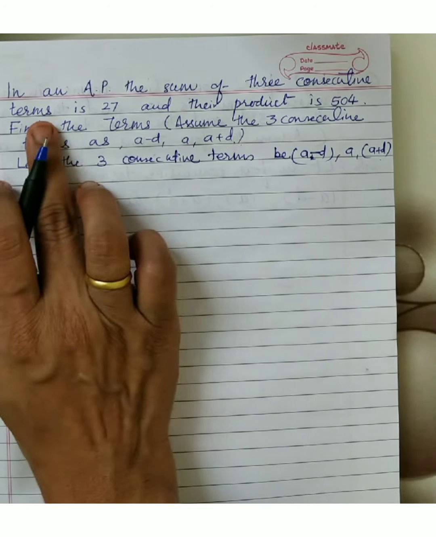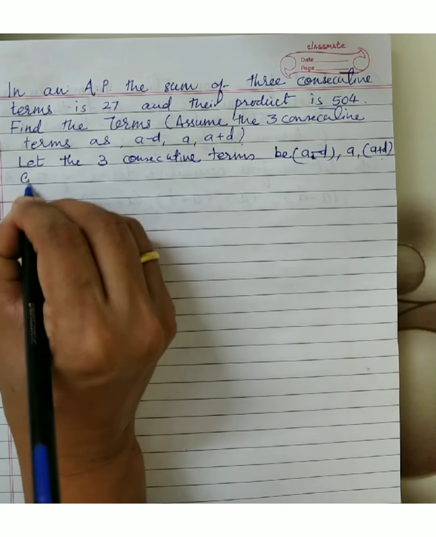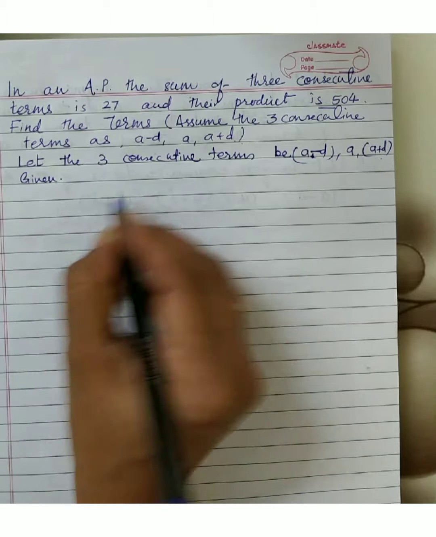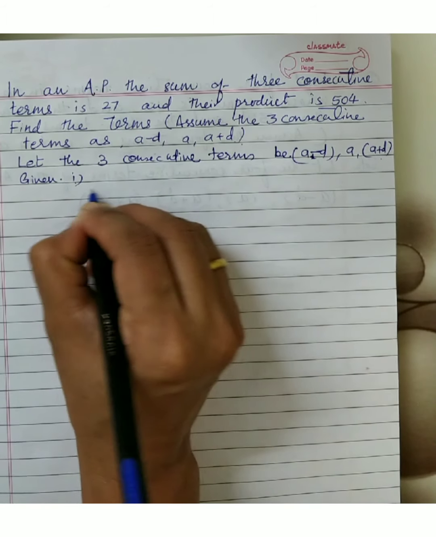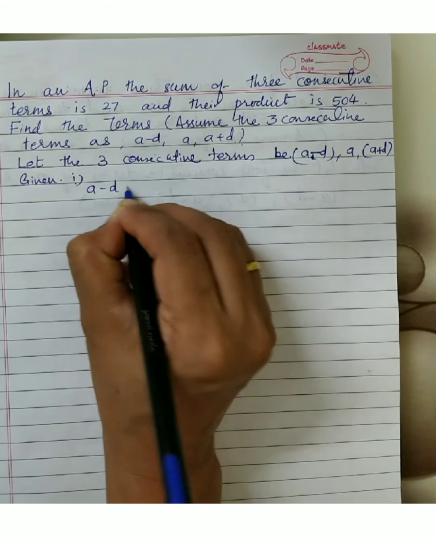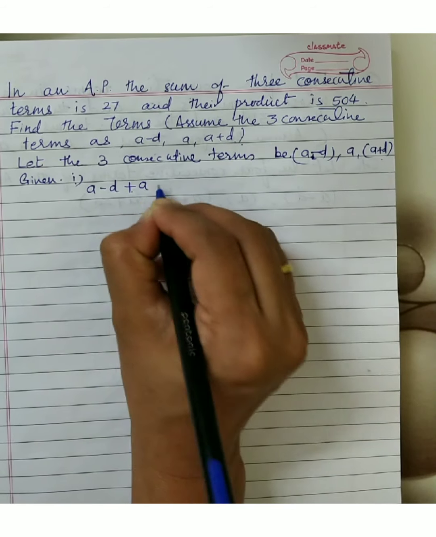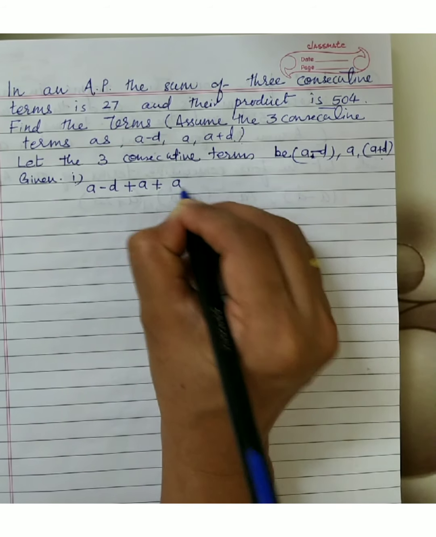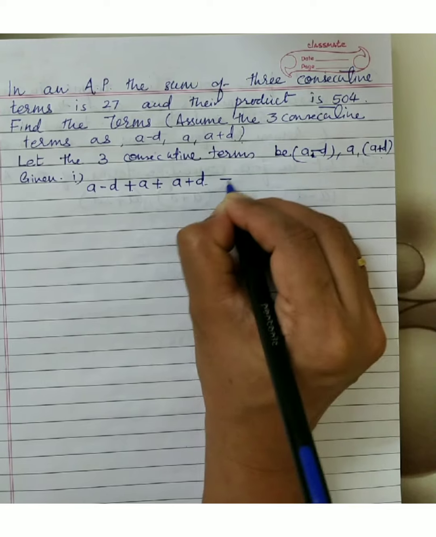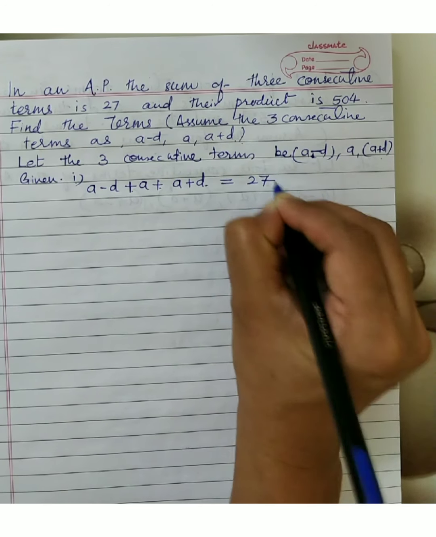Sum of these three terms is 27. So first you will write A minus D first term plus A second term plus third term A plus D is equal to what? 27.